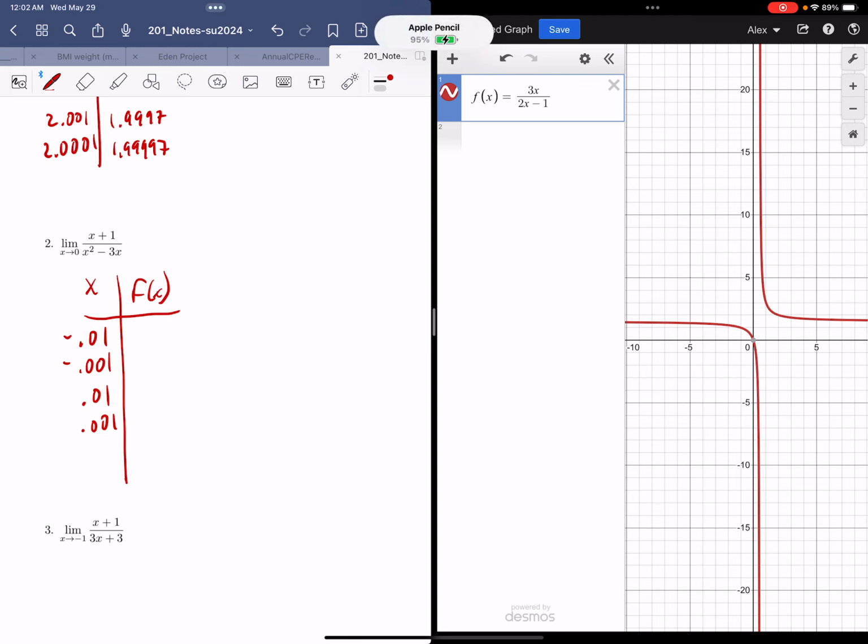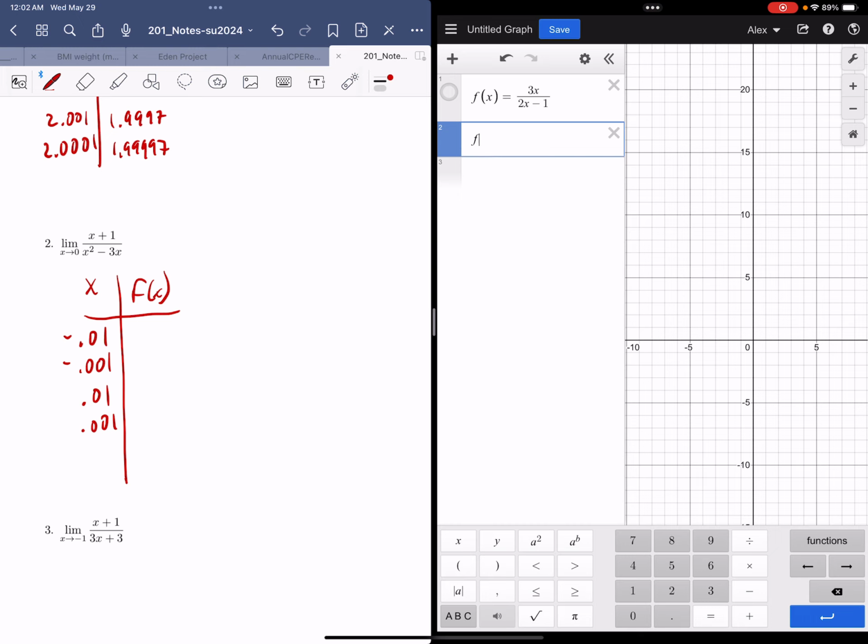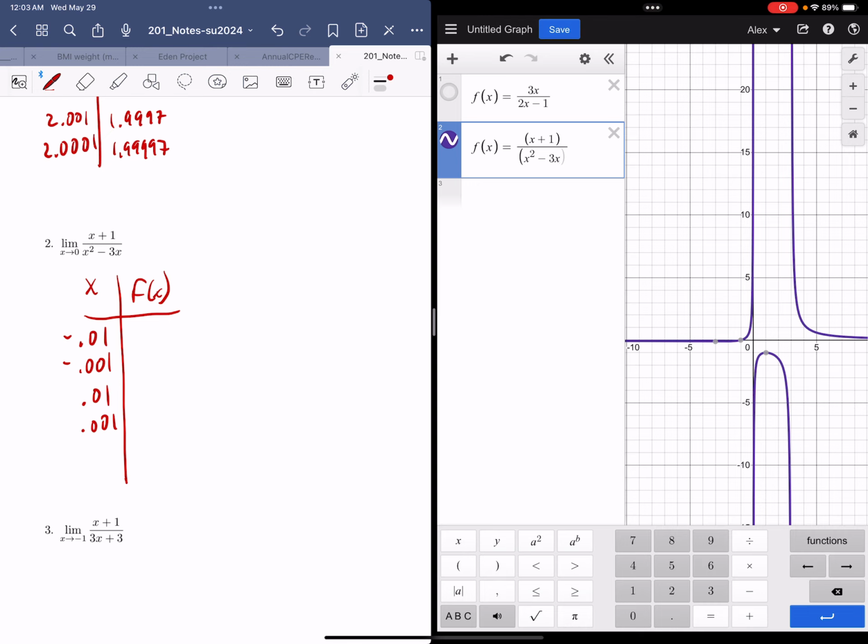So let's see, if we do that, we go back into Desmos. Maybe I'll leave that other one and I'll call this f of x equals, all right, so we have that.